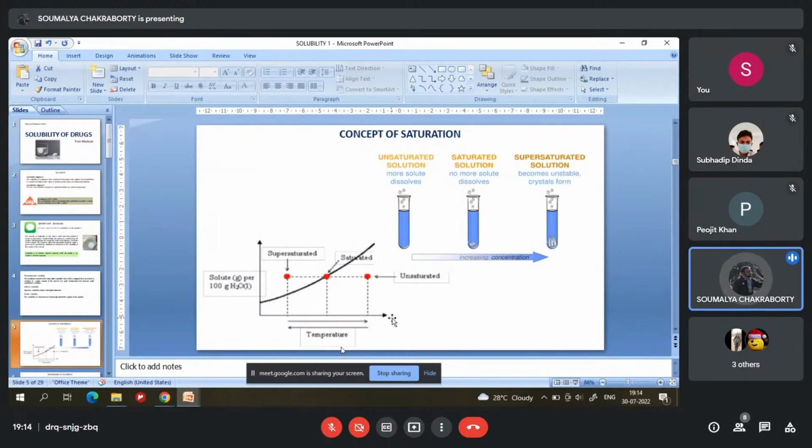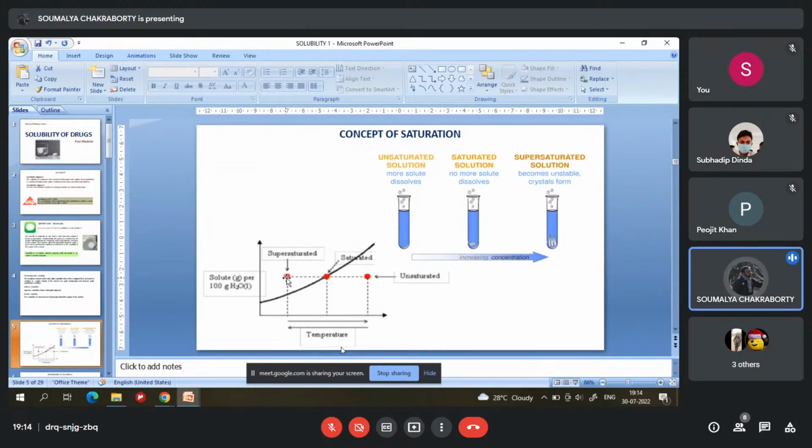If we increase the temperature, the solubility value will increase because of the movement of the solvent molecules. There will be many more vacant places among the solvent molecules to accommodate the solute, and this is the reason why with an increase in temperature, the thermodynamic or saturation solubility value increases.